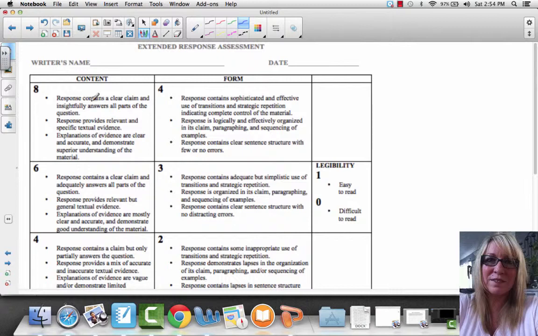An 8-point content response contains a clear claim and insightfully answers all parts of the question. Response provides relevant and specific textual evidence. Explanations of evidence are clear and accurate and demonstrate superior understanding of the material. A 6 in content, the response contains a clear claim and adequately answers all parts of the question.